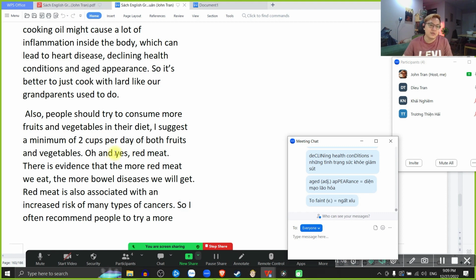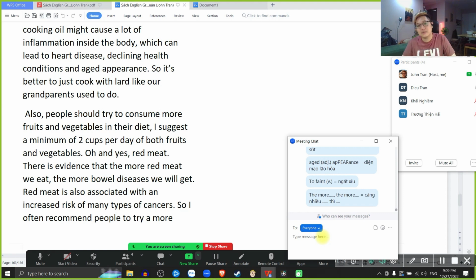Thịt đỏ, there is evidence that, có bằng chứng rằng, the more red meat we eat, the more bowel diseases we will get. Càng nhiều thịt đỏ chúng ta ăn thì càng nhiều bệnh đường ruột chúng ta sẽ bị dính.